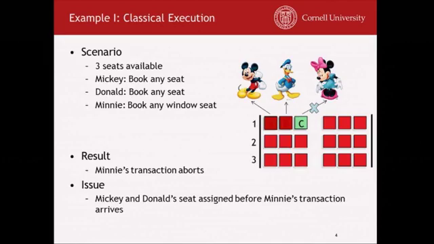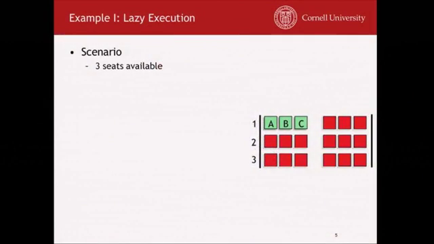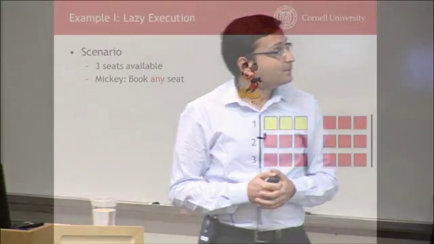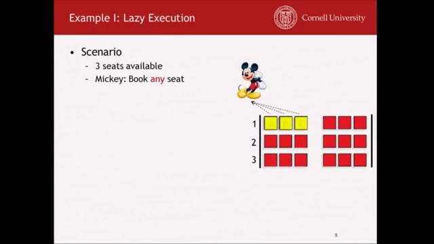Now, if you assumed that you knew that Minnie's transaction was going to arrive, then you could have given Mickey the seat 1C. Mickey didn't really care about which seat he got, in which case Minnie's transaction would have committed. So let us see how a lazy execution model addresses this issue. Again, consider the same scenario. Now Mickey says, book me any seat.